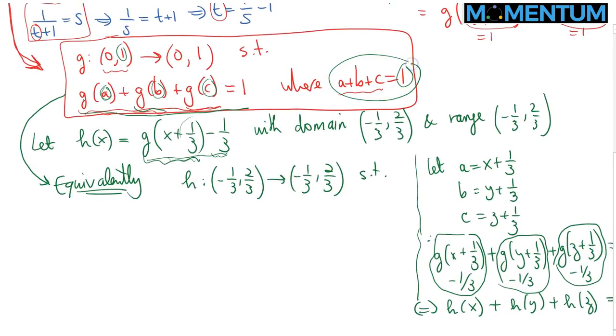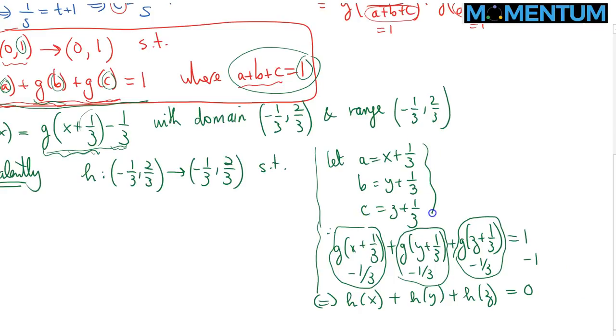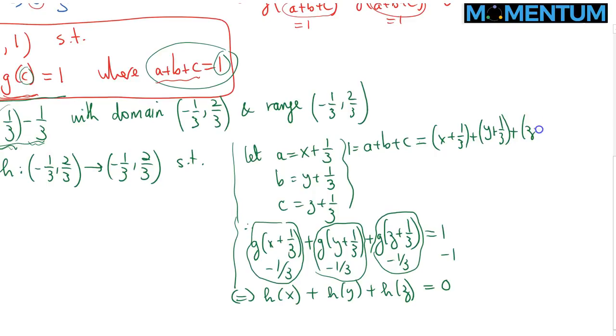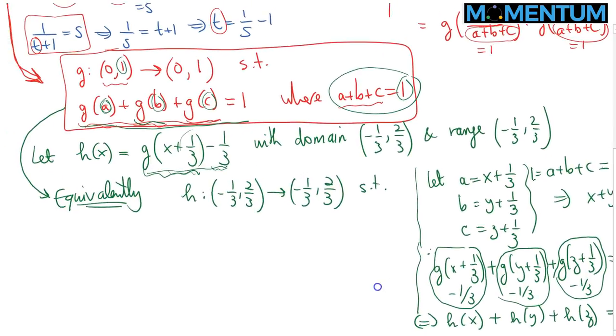The condition a plus b plus c equals 1 becomes 1 equals a plus b plus c, but replace a with x plus 1/3, plus y plus 1/3, plus z plus 1/3. Obviously, 1 on the left hand side, 1/3, 1/3, 1/3, 1 on the right hand side. This would imply x plus y plus z is simply equal to 0. Exactly what we needed, right?